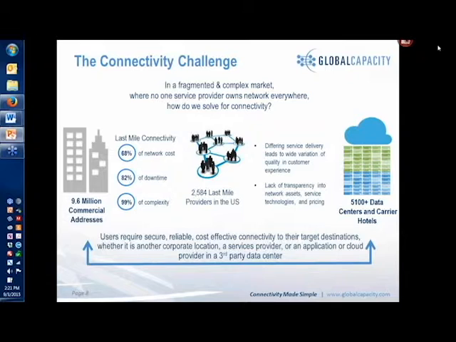And at the other end, there are 5,100 data centers and carrier hotels, destinations you could be going to now that you have moved either your data, your storage, or your business applications outside of the brick and mortar of your business location. So it really paints a picture of what needs to be bridged, and what some of the potential opportunities are to solve and simplify this connectivity challenge.